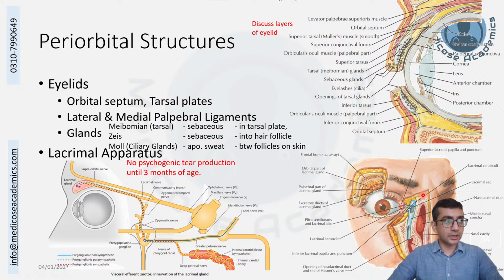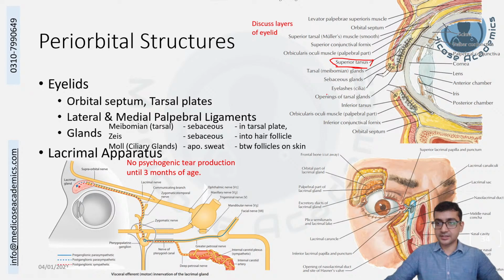So just going to the last topic, that is periorbital structure, that is majorly the eyelid and lacrimal apparatus. The eyelid is the fibromusculocutaneous structure that is covering the anterior aspect of the eyeball, giving it protection. In the center, it consists of a fibrous plate that is known as the tarsal plate.